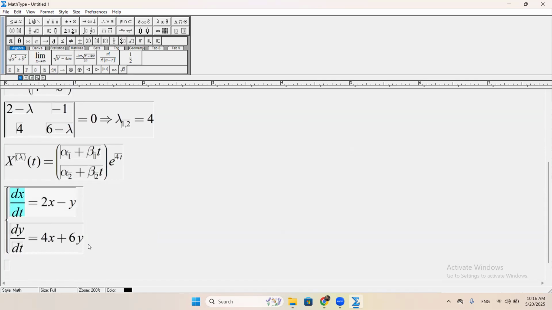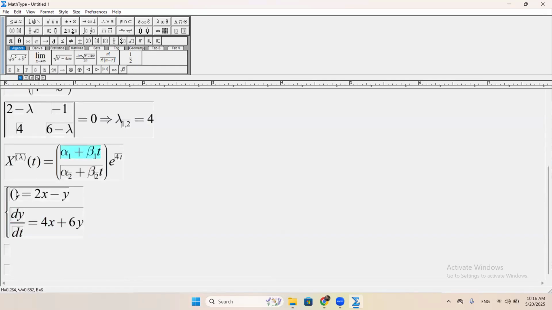So dx by dt equals alpha 1 plus beta 1 t, 4 alpha 1 plus 4 beta 1 t plus beta 1.